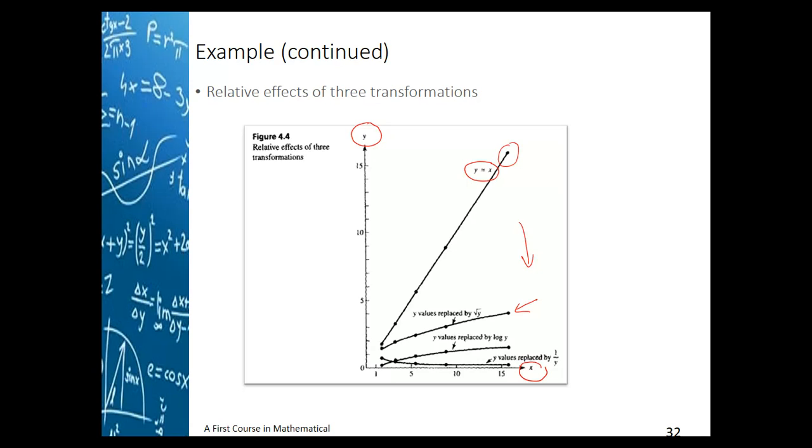What happens if you replace y with log y? You can see it becomes like this. It goes down a little bit more and becomes slightly horizontal, but not that horizontal. At the same time, if you notice the curvature of this line, do you think this one is concave upward or concave downward?